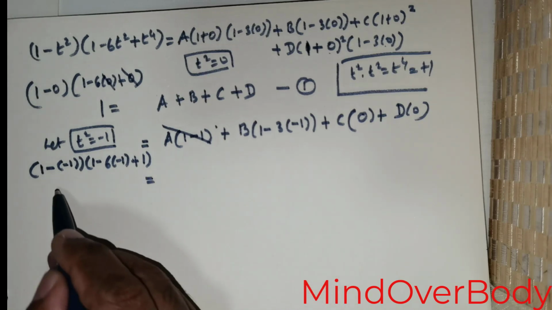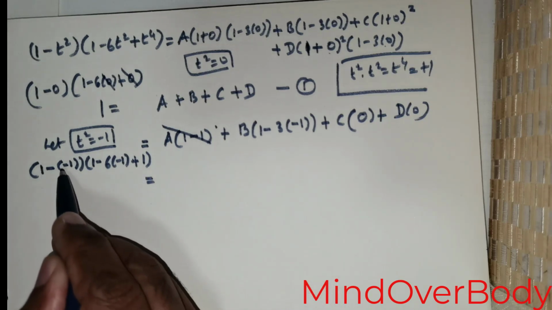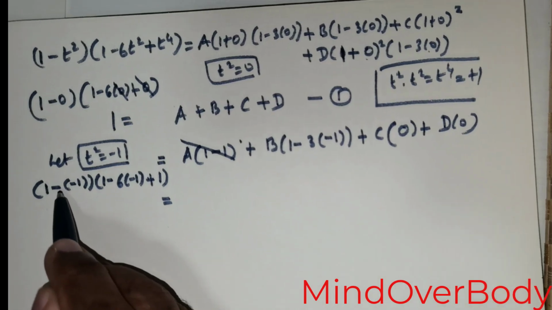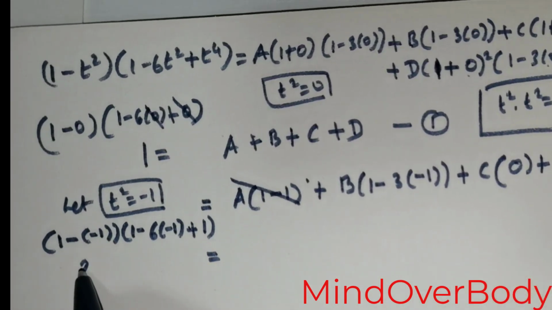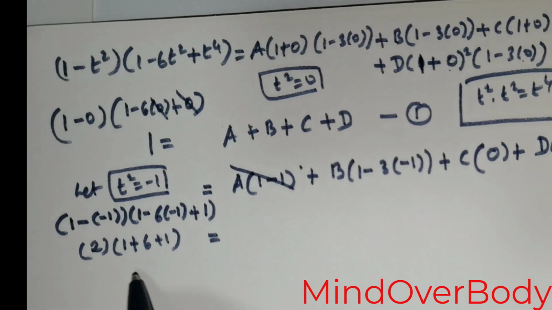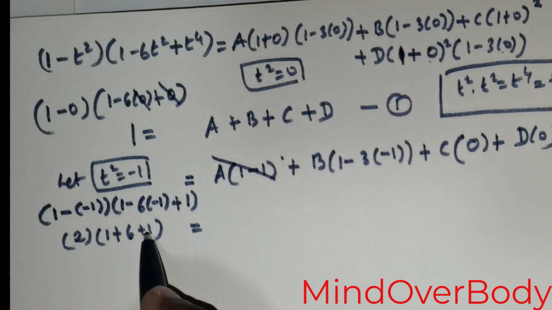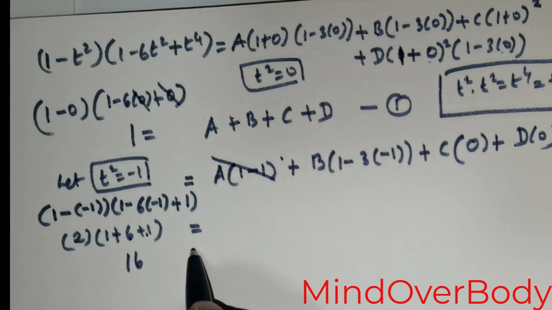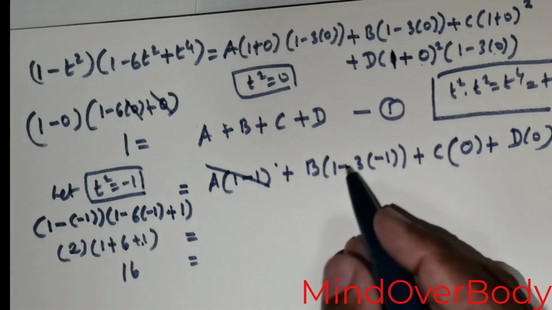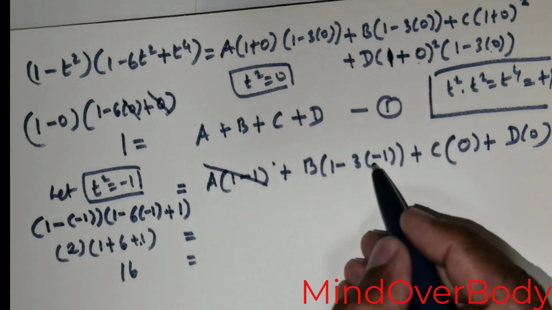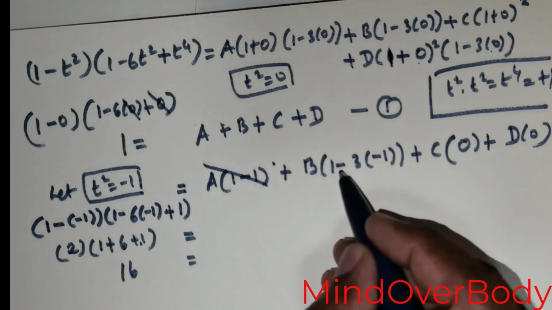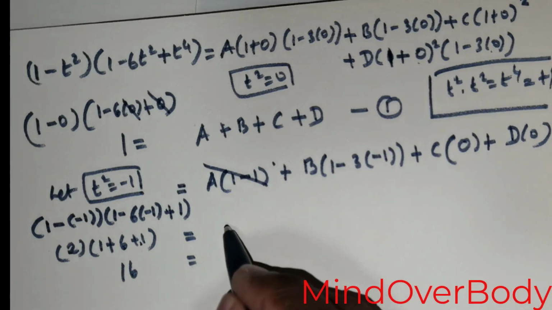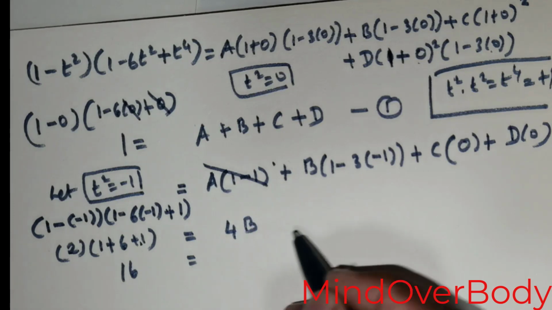This is equal to 1 minus negative 1, that's 1 plus 1, which is 2, followed by 1 plus 6 plus 1, which is 8, times 2 is 16, so I've got 16 here, and on the right, 3 added with 1 gives me 4, so this is 4 times b.